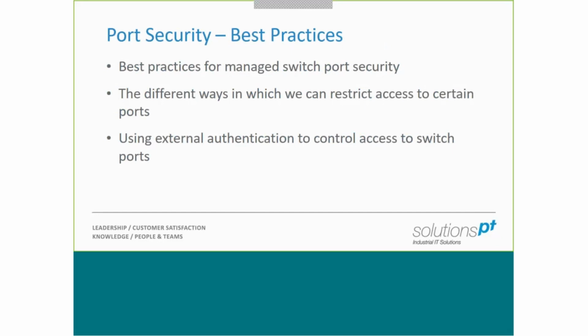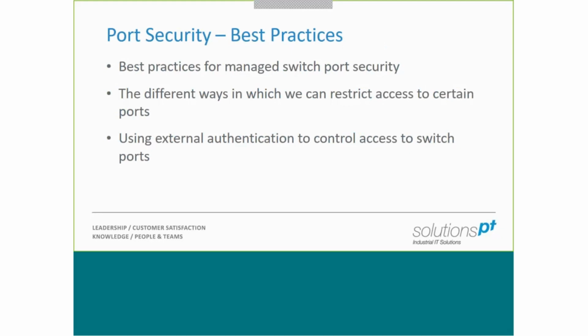Exactly, yeah. I think a lot of people, when they think security, think, right, we've got to get a firewall in, we've got to protect ourselves from the internet, and there are all these stories of ransomware going on at the moment. But a lot of attacks will come from within, and if you haven't secured your local networks, your access layer, then that's probably one of the first things you want to be focusing on.